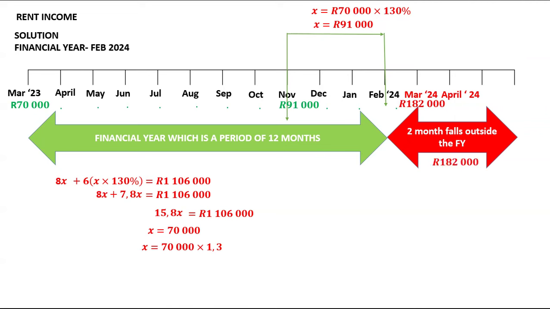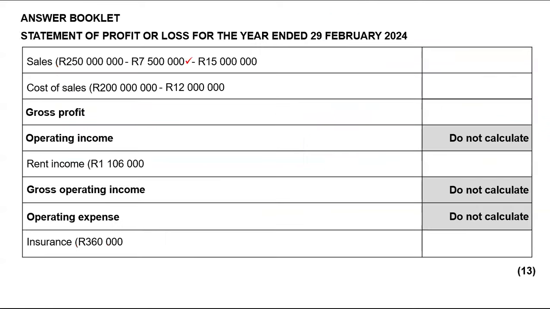That 182,000 represents my income received in advance. Note that it's not income, I haven't earned it. I haven't provided these guys property to stay for those 2 months because that is for next year. I need to report income for the current reporting period, the current financial year. So I'm going to go to my rent income, and I am going to subtract that 182,000 rand, and I will get 924,000.